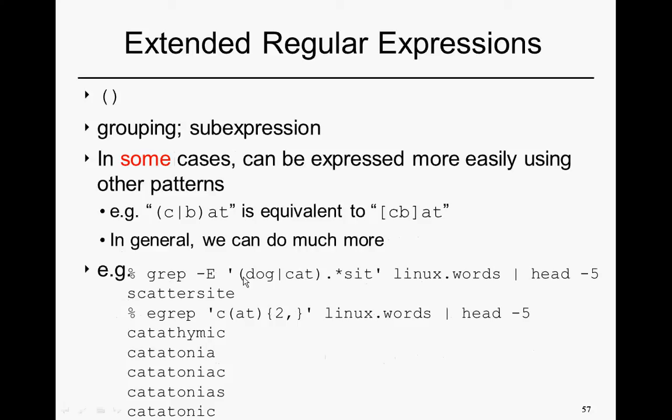So if we had dog or cat, star, it would match any successive sequence of 0 or more. It would match nothing, in other words an empty string, or it could match dog, or it could match cat, or dog cat, or cat dog, etc. In some cases, this could be matched more easily with other patterns. For example, this here is matched naturally, but in general we can do much more because these things can be regular expressions in and of themselves.